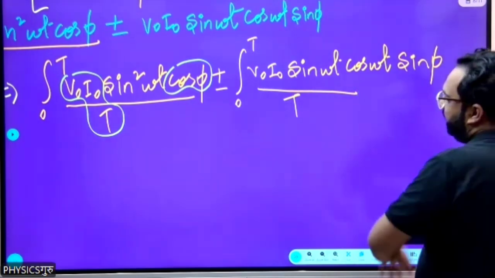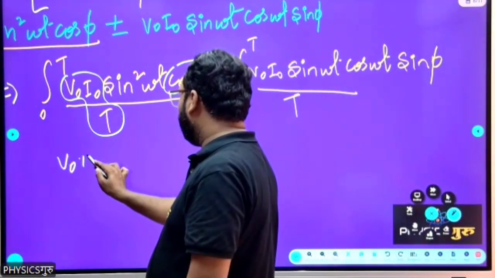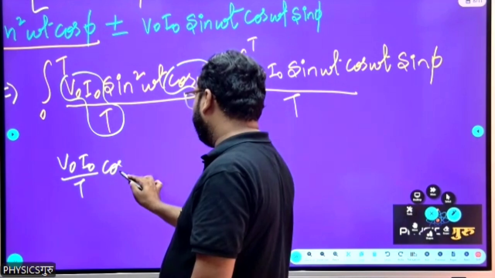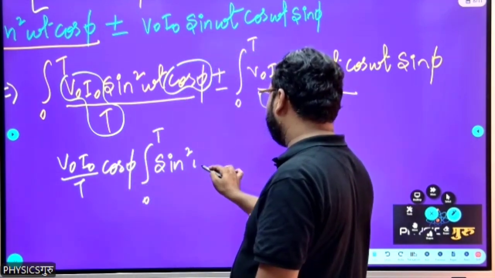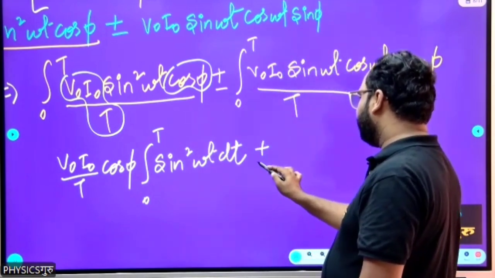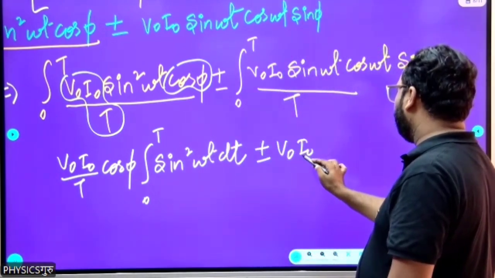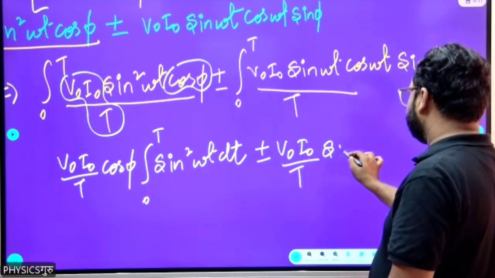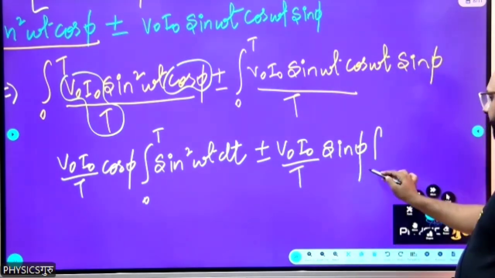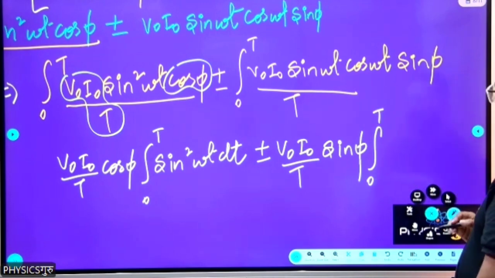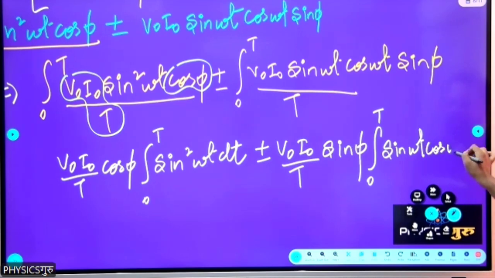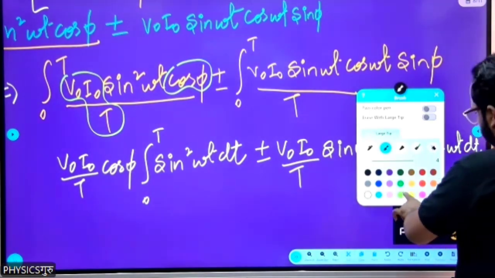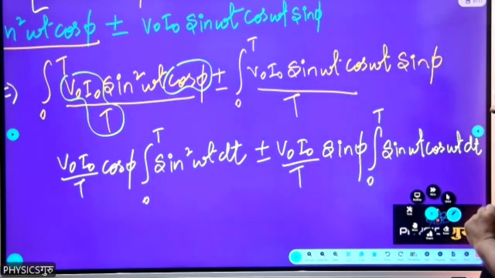So we can write V naught I naught by T cos phi as constant, integrate from 0 to T sine square omega t dt, plus minus V naught I naught by T sine phi, integral from 0 to T of sine omega t cos omega t dt. Now apply the property of definite integration as we already discussed.